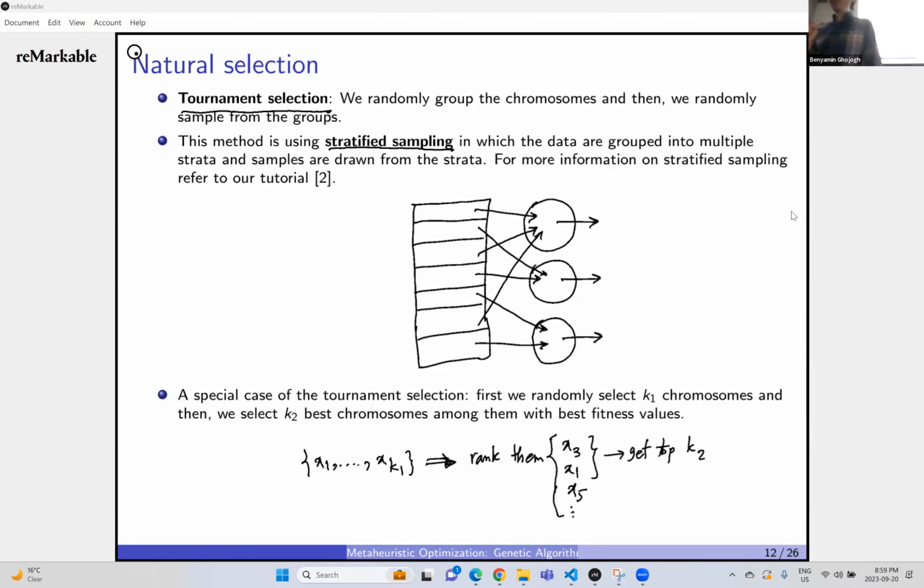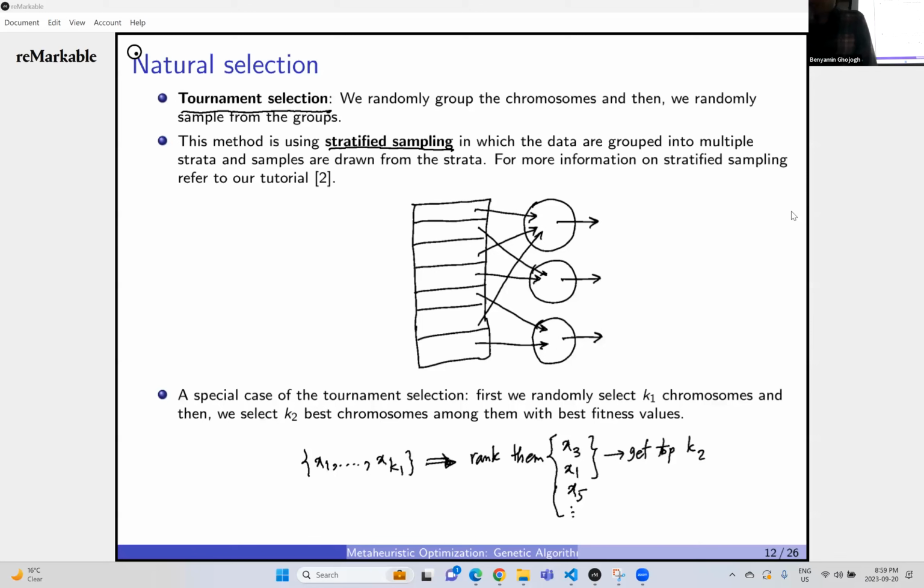This is good for reducing the variance of estimation. For more information on sampling techniques, feel free to take a look at my tutorial named Survey Sampling Algorithms: From Survey Sampling to Monte Carlo Methods, Tutorial and Literature Review. It's available on arXiv.